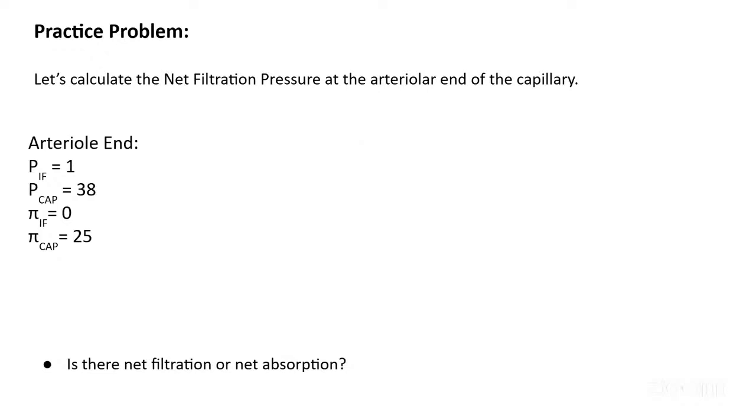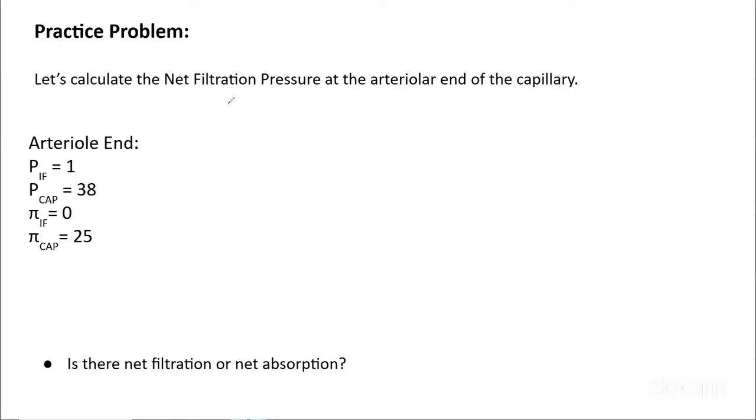So I'll give you a minute to think about this. Okay, I'm going to tell you how to do this calculation. So what you want to do to get your net filtration pressure, or your NFP, is we are going to take all of our forces for filtration.